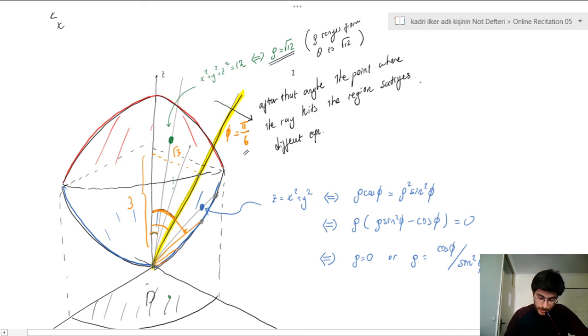But when you pass through this angle, rho ranges from 0, you remember those lengths, but now those lengths depend on your angle phi. Therefore, this ranges from 0 to cosine phi divided by sine square phi.